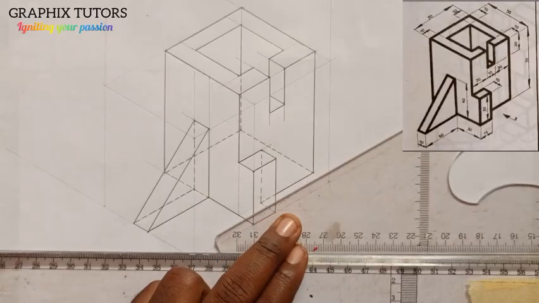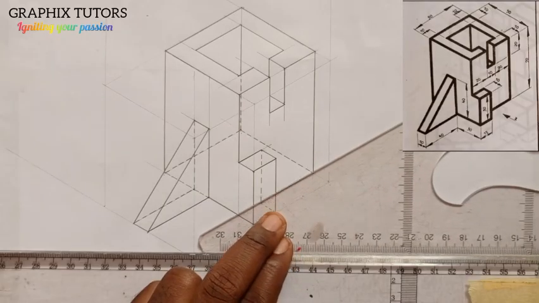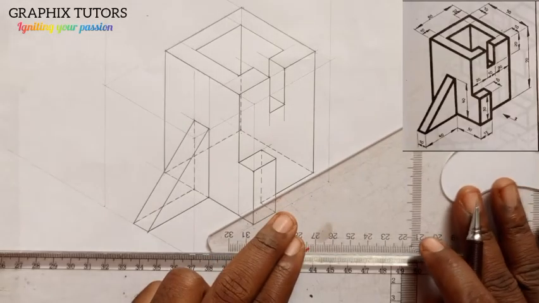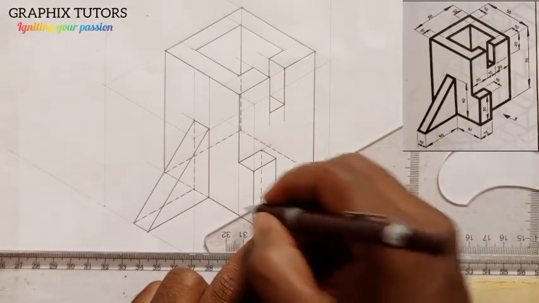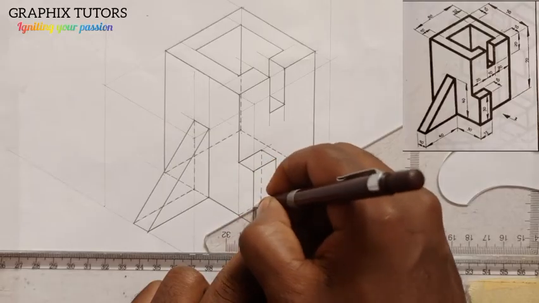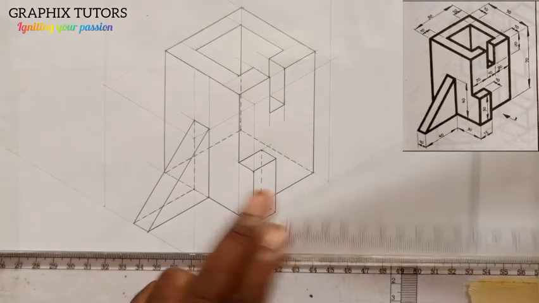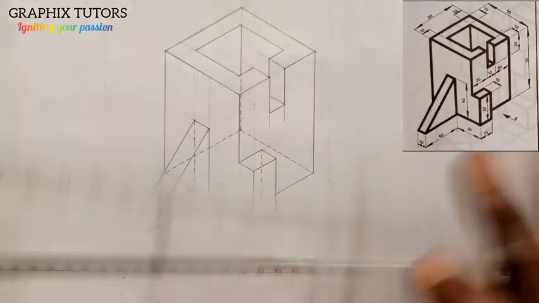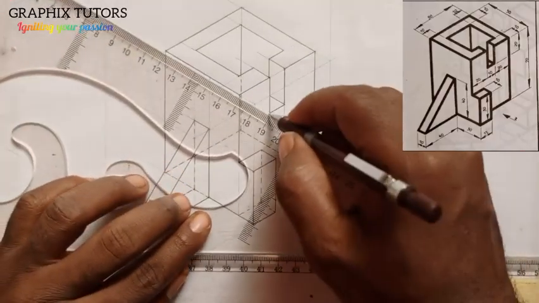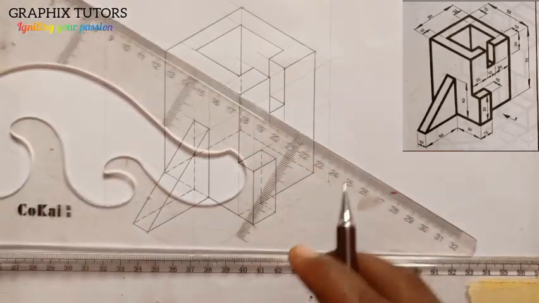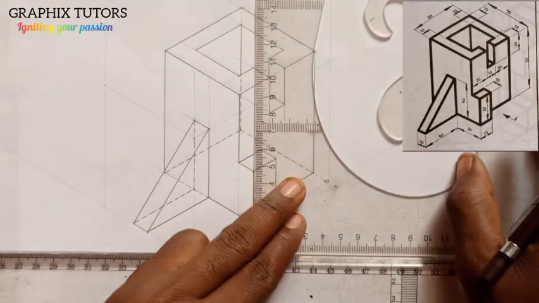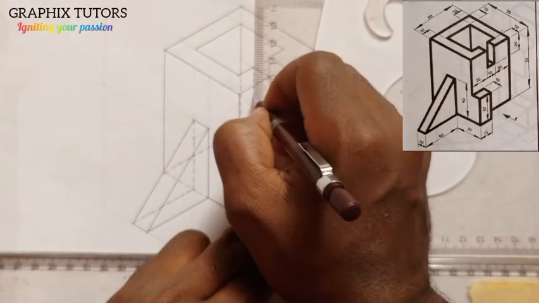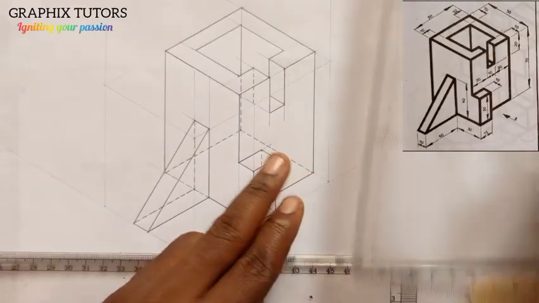Now we're moving forward. Dash, dash, dash. Now still at this point too, we can have here this way, and then this way.